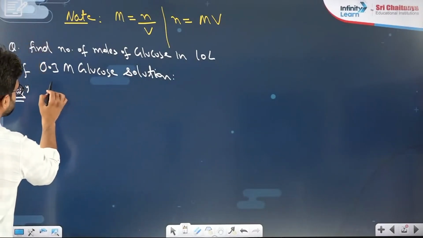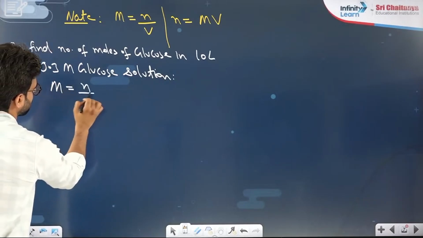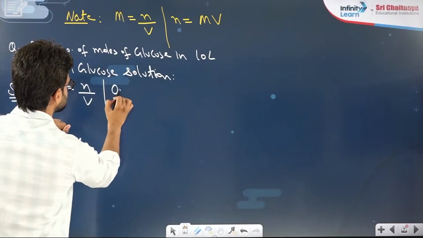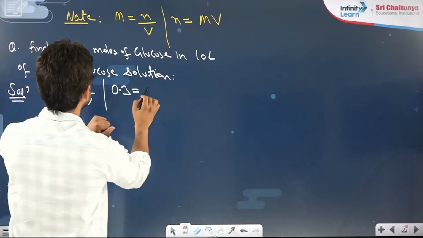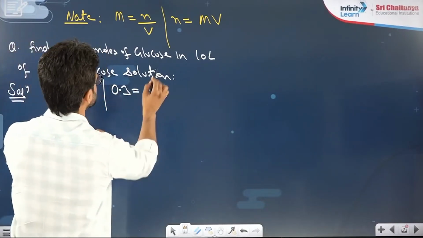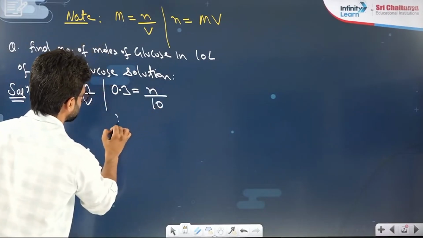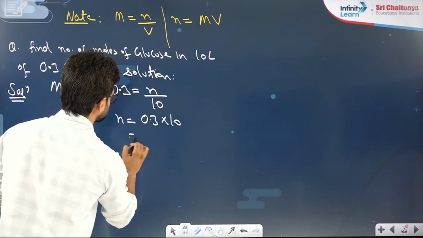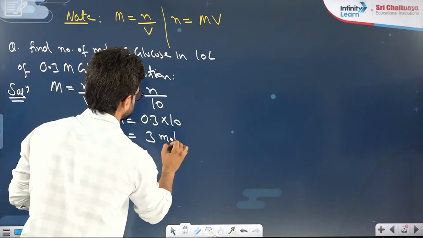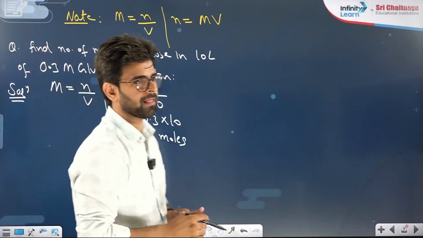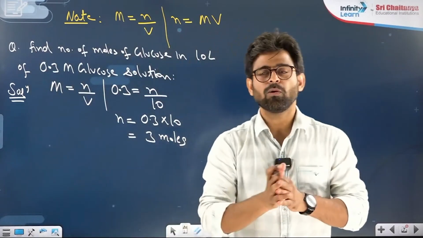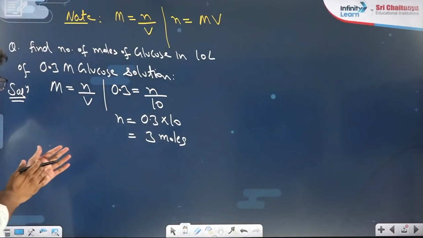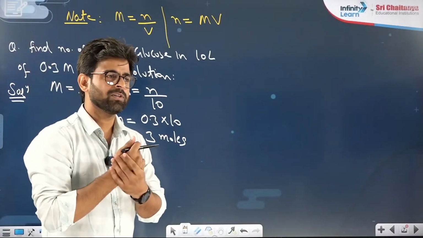Now we know molarity is number of moles by volume. Molarity is 0.3 equals the number of moles, which we have to find, divided by volume, 10 liter. So n is 0.3 into 10. How many moles? 3 moles. Very good. Almost everyone is giving the right answer. That means you are understanding.